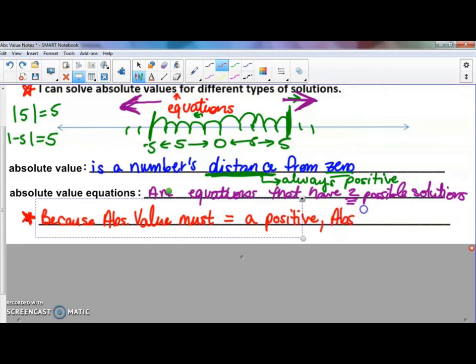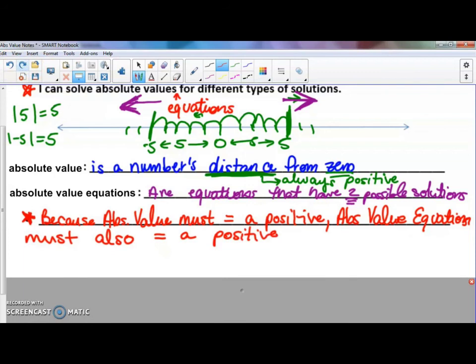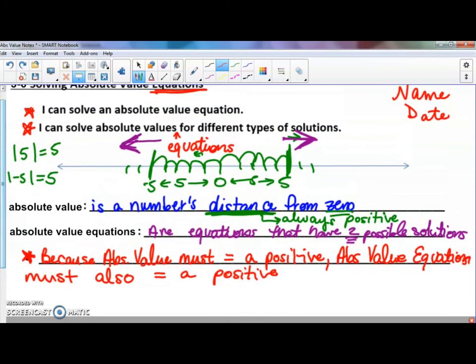Absolute value equations must, there we go. Now, as far as that goes, as long as we remember that absolute value is a number's distance from 0, which means you end up with 2 cases, one that goes to the right and one that goes to the left, we're all set.